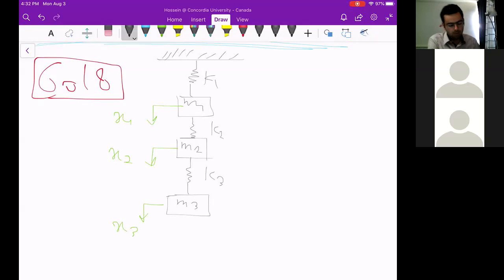Since we have three masses in our system, we are facing 3 degrees of freedom. Therefore, you can conclude that the influence matrix is 3 by 3 dimension.